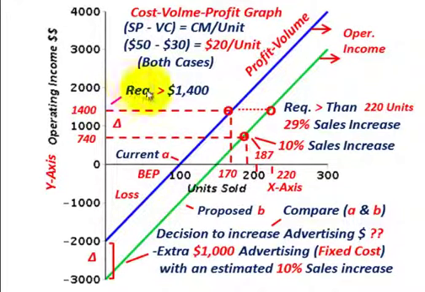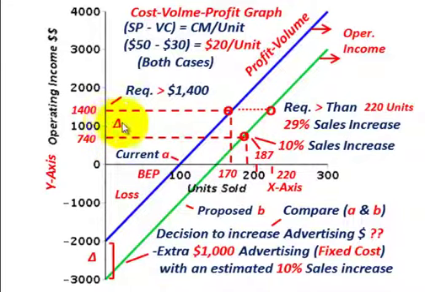But really, when you're looking at a decision like this, you wouldn't want to spend any dollars unless you are going to increase your operating income above that $1,400 mark, since $1,400 in operating income is currently what we're generating. That's the point we want to make. Just using this cost volume profit graph, you can trace it out, and doing some arithmetic, you can figure out where you're going.